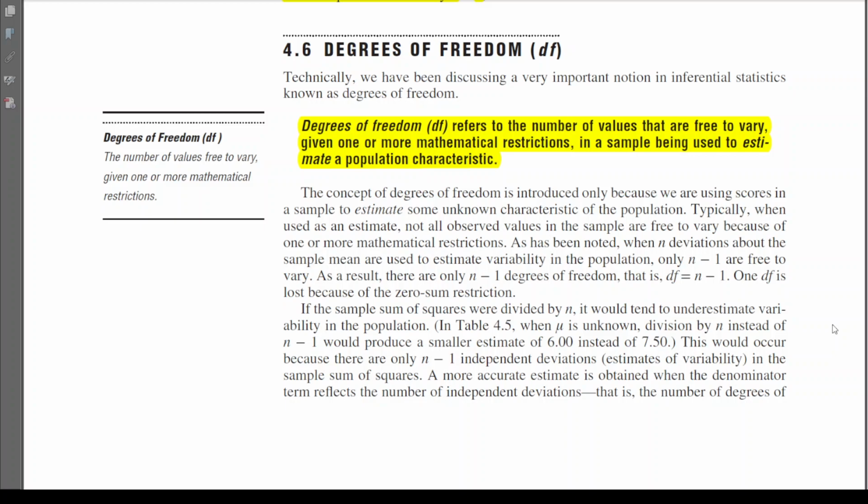This term is known as degrees of freedom. So, degrees of freedom refer to the number of values that are free to vary. The important term here is free to vary. In the case where we were estimating the population parameter based on the sample parameter, the mean was coming from within the sample.